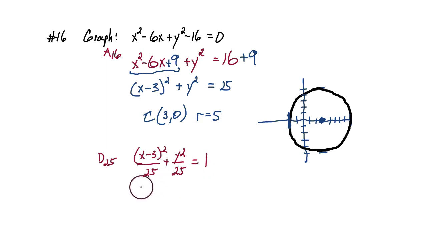And then when you think about a and b, you'd get a equals 5 and b equals 5. That's the same distance. So after you find the center of what you think is an ellipse, you would end up going 5 units in all the directions. So what you think might be an ellipse is actually a circle because the values of a and b are the same.